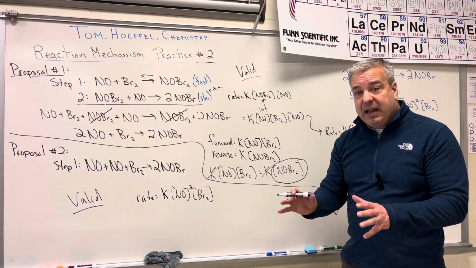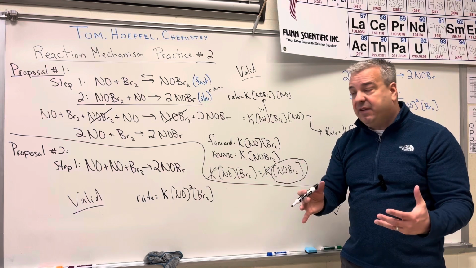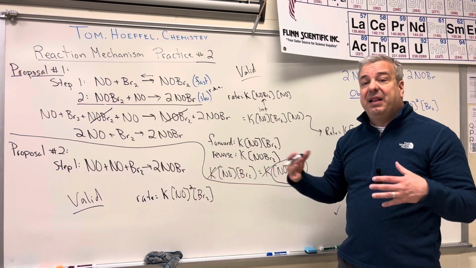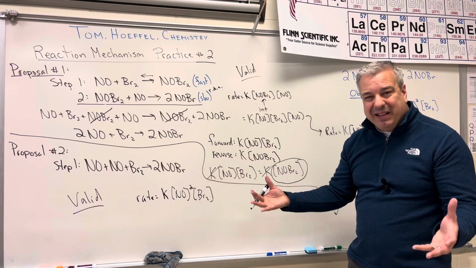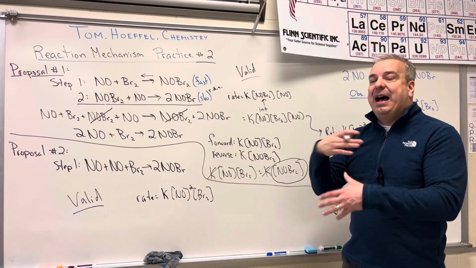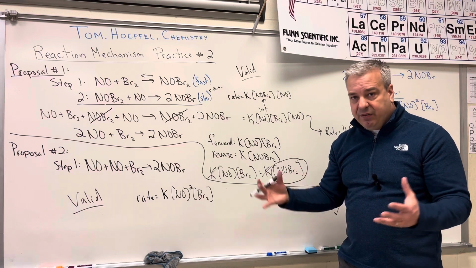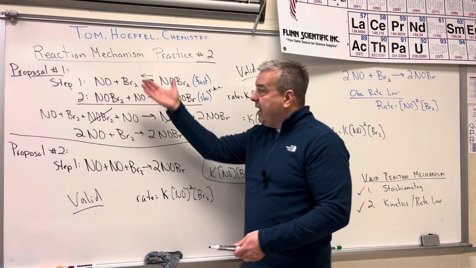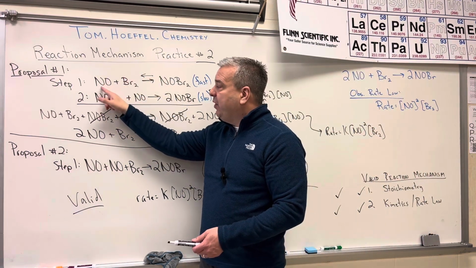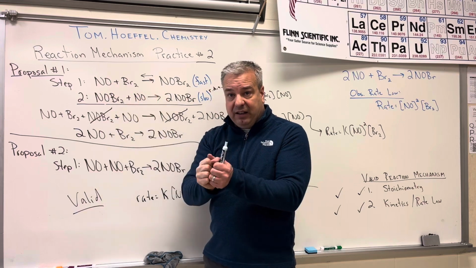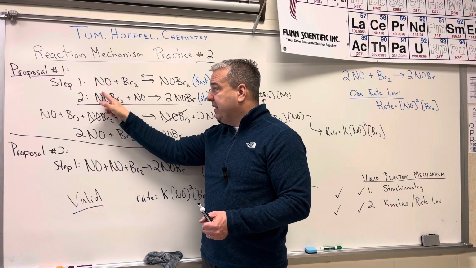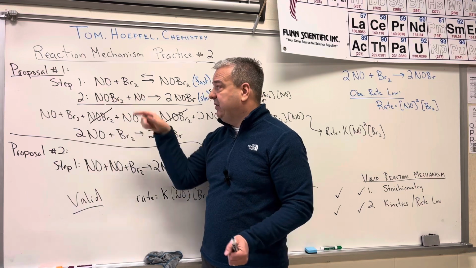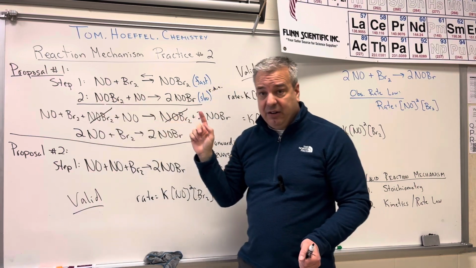And what you need to look at is the things that we talked about at the beginning of this unit, and that is the molecularity of each of these reaction mechanisms. What does molecularity mean? It means how many molecules are involved in the collisions, okay? In proposal number 1, there are 2 molecules that are colliding, so we'd call that bimolecular. In step 2, it's 2 things that are colliding to each other, so that's bimolecular as well.